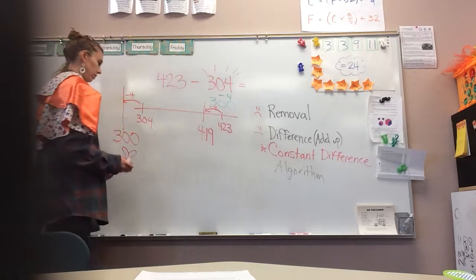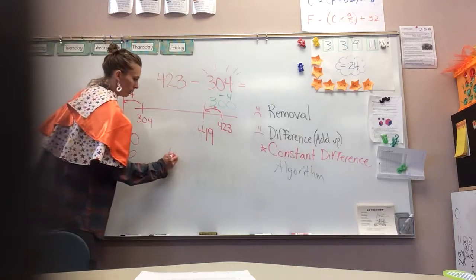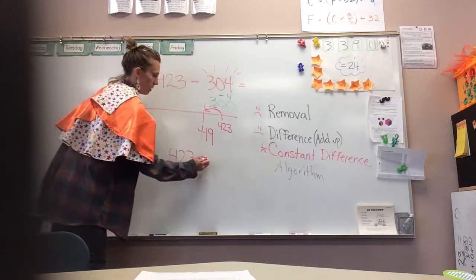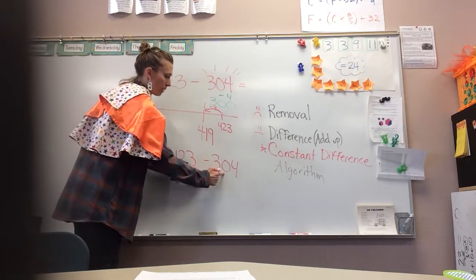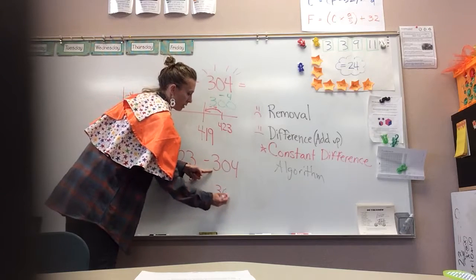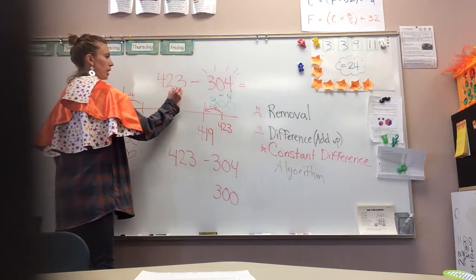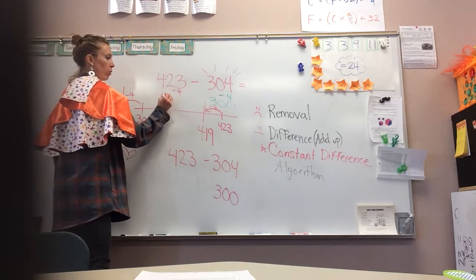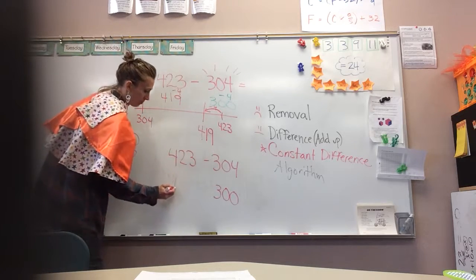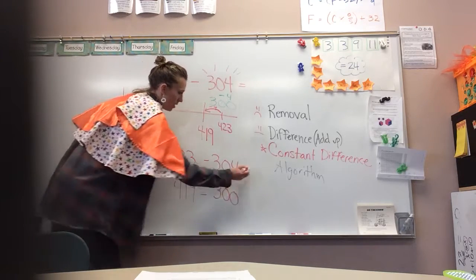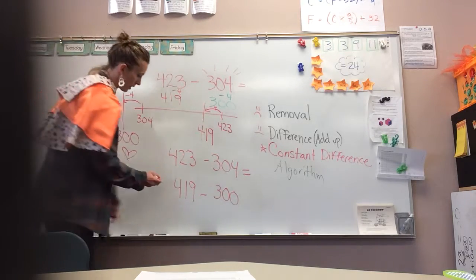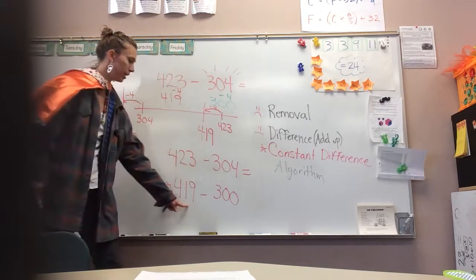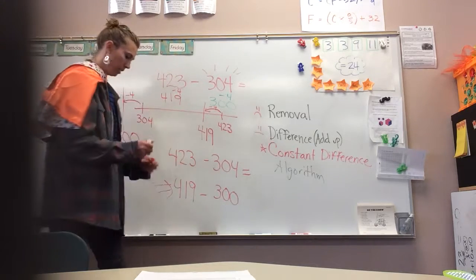19. So we've taken the problem 423 minus 304. We've subtracted 4 from this to make it 300, and we've subtracted 4 from this to make it 419. These are going to have the same difference. But this one's going to be way easier to do in my head.